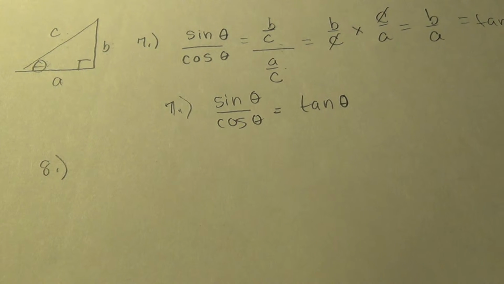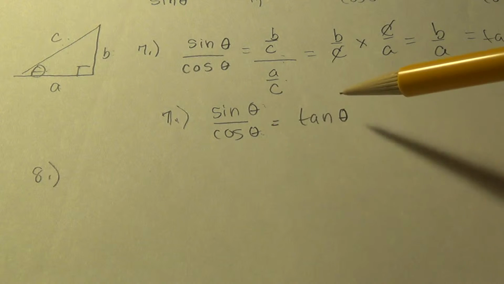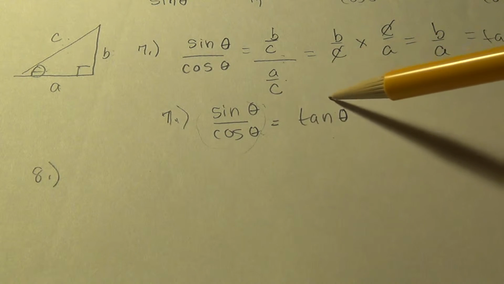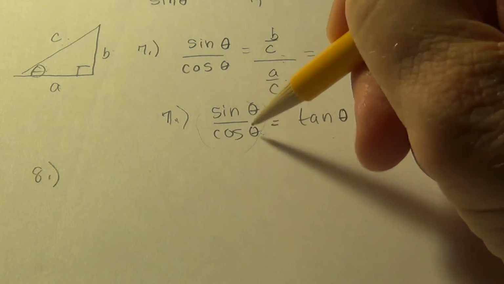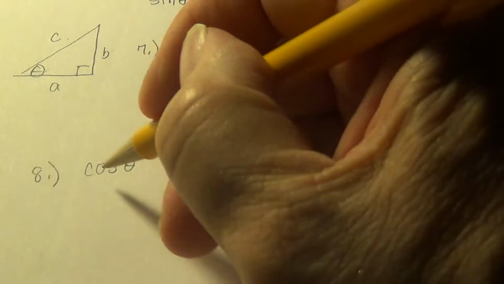For the 8th one, I'm going to take the 7th one and flip it on its head, which will cause me to flip this. So if I look at the reciprocal here, I have to look at the reciprocal here. Instead of sine over cosine, I get cosine over sine.